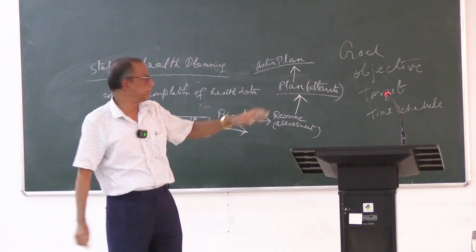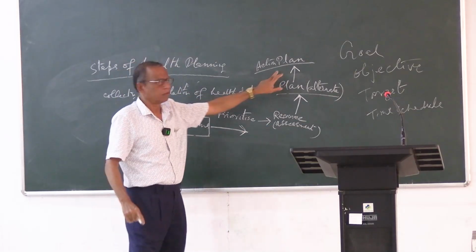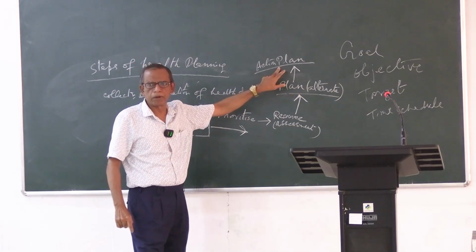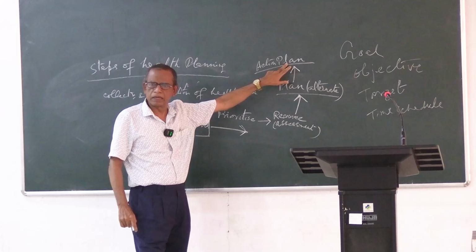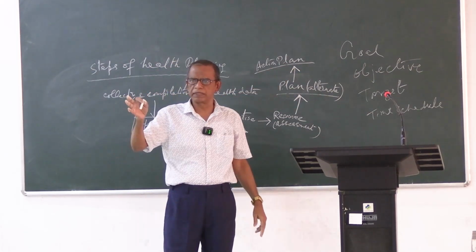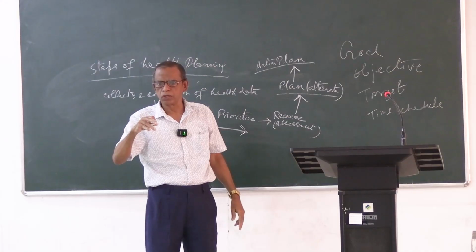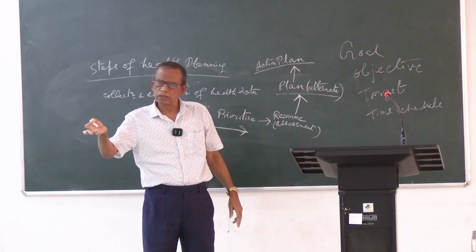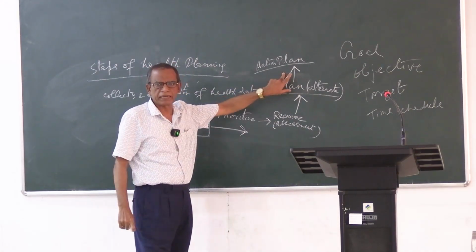So, this detailed planning will be done with the help of the action plan. And also, you designate the roles and responsibilities of your staff, who will supervise, who will administer the vaccine. Clear?